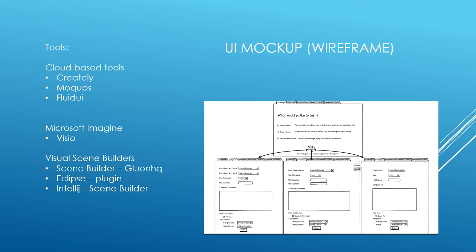Scene Builder was created by Oracle, but has since been moved on to some other people, and right now Gluon is working on developing Scene Builder, and you can find their website at Gluon HQ, and we'll look at that hopefully as the week progresses. Eclipse has a Scene Builder plugin, and IntelliJ also has a Scene Builder plugin. So using those, you could do a visual representation of your form, just kind of a front end.